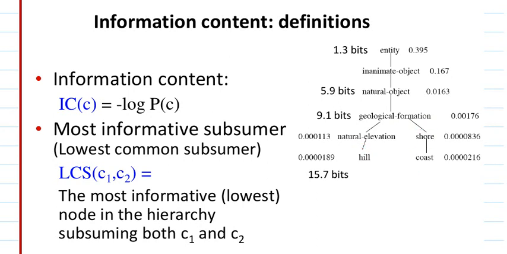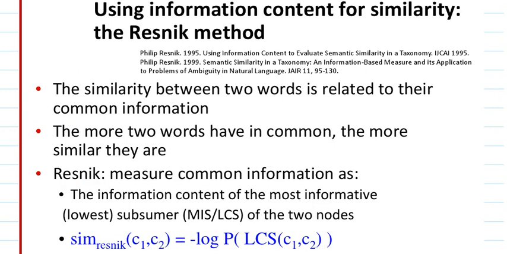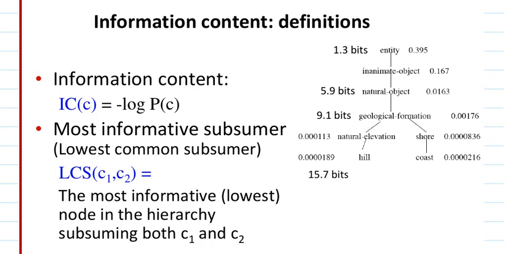The lowest common subsumer of hill and natural elevation is natural elevation, right? And of course natural object and inanimate object and entity are subsumers, but they are not the lowest ones. So we use this lowest common subsumer in order to calculate the similarity.